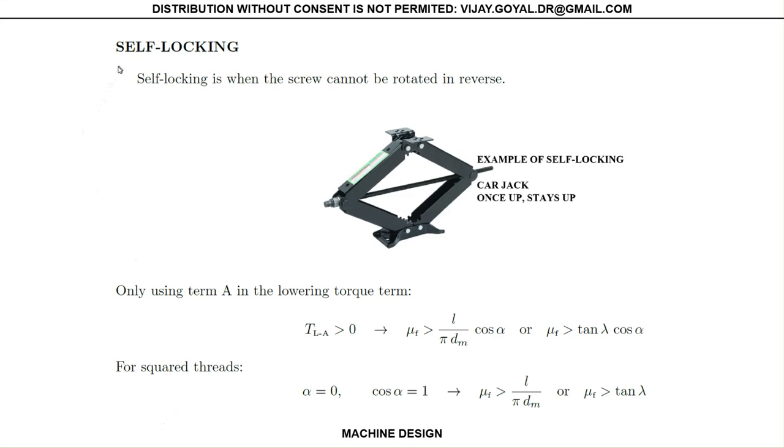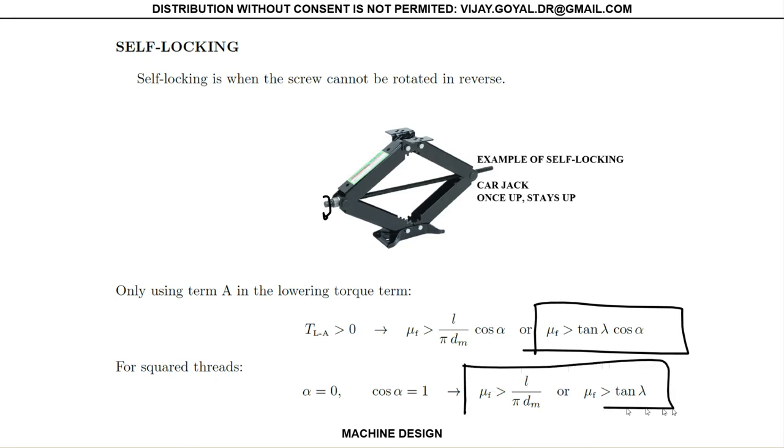Then you have two unique applications. One is when you want self-locking. Self-locking is the case of the power jack or the car jack, right? When you stop rotating this and stop, you want it to lock itself and stay there. The condition for locking is given by this expression, and if it's a square thread power screw, by this expression.